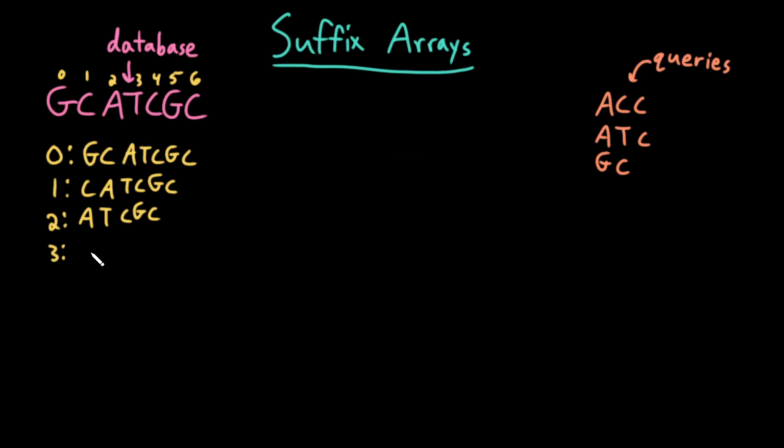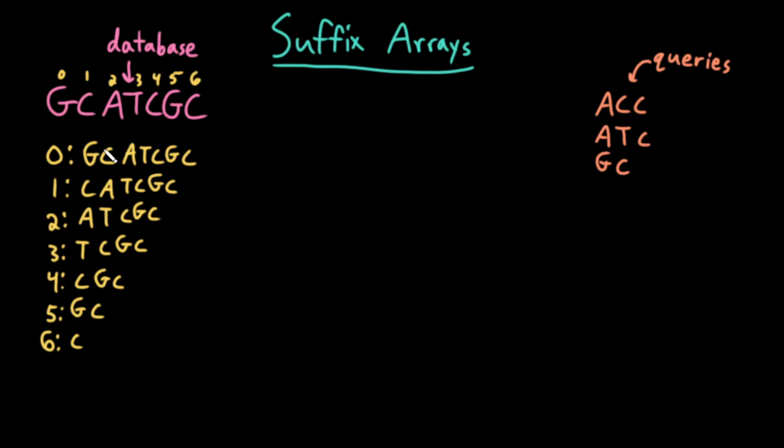Starting at index 3, I have TCGC. Starting at index 4, I have CGC. Starting at index 5, I have GC. And starting at index 6, I have C. These are all of the suffixes of my database string.